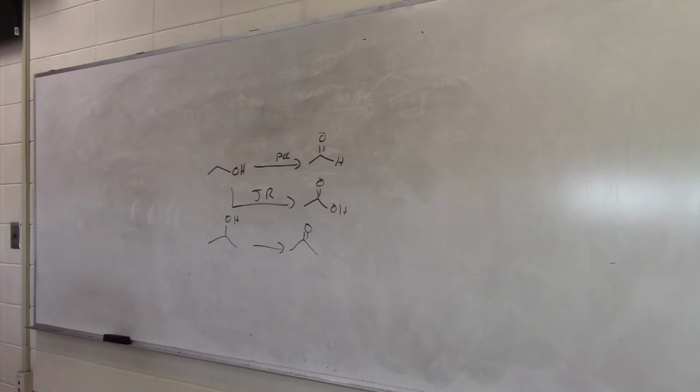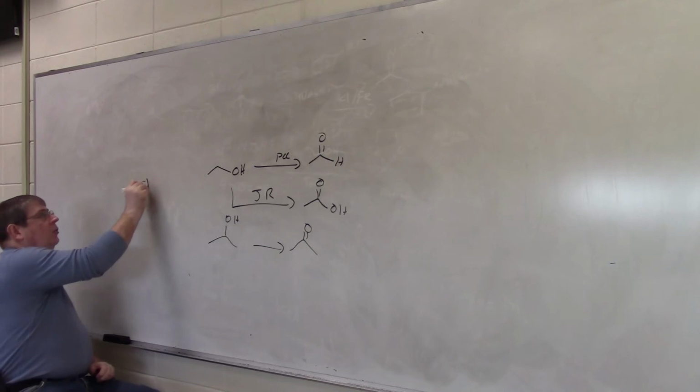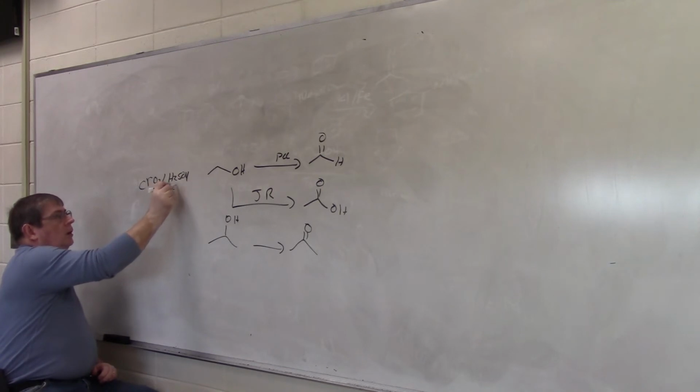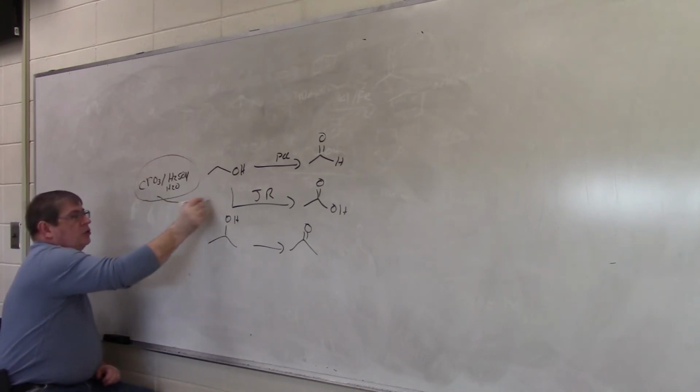Would you just say it's Jones reagent, or do you actually give the formula? Both are fair game. Jones reagent is a mixture of chromium trioxide, CrO3, sulfuric acid, and water.